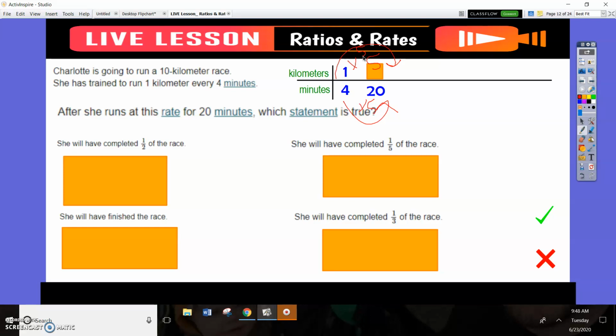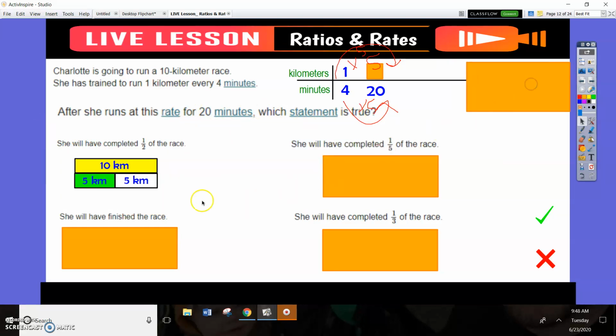Now we need to look and see which of the bottom choices are true. After she runs at this rate for 20 minutes, which statement is true? She will have completed half of the race. Well, let's look at this choice. We have done 5 kilometers. The entire race was 10 kilometers.